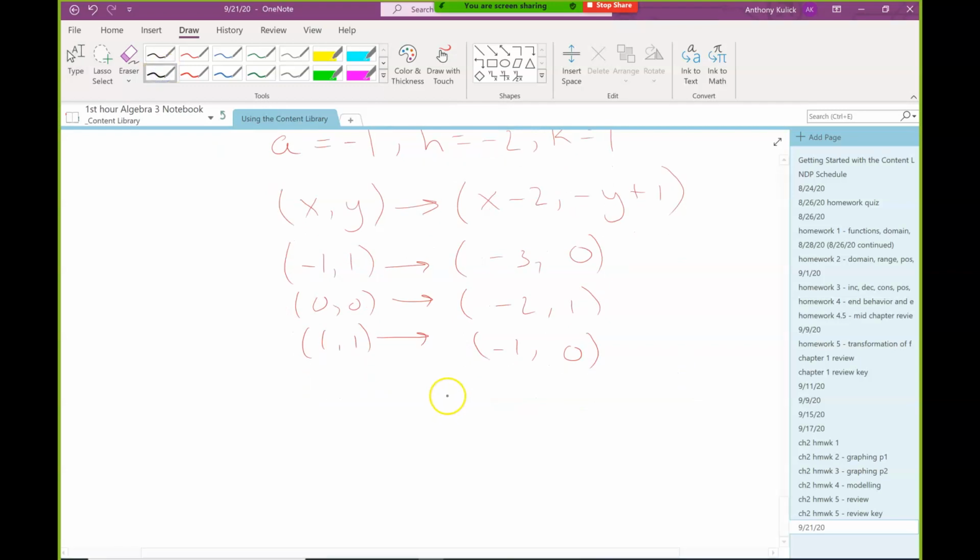Then we'll draw or plot these 3 points, but then we're going to pause. Okay?